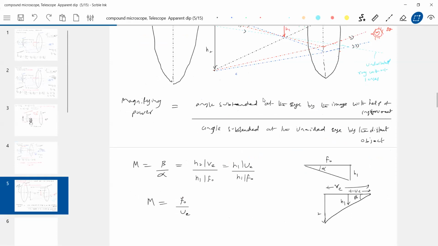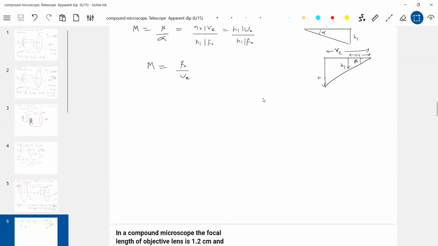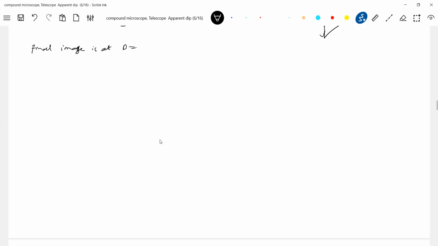So first, image formed at near point, if the final image is at D equal to 25 centimeter or near point.